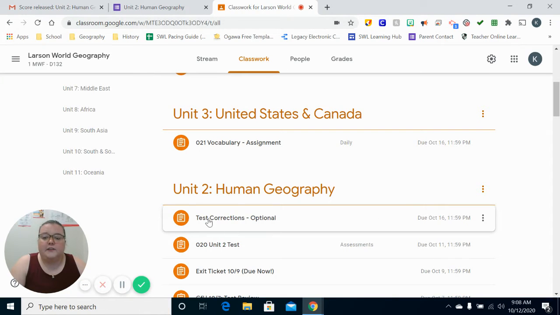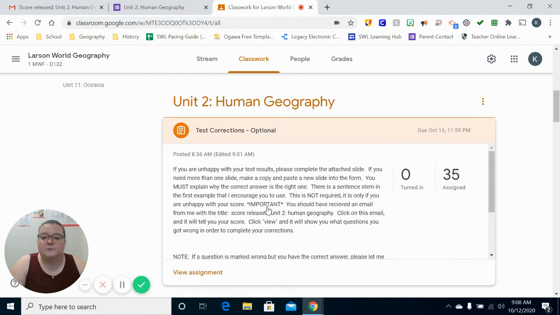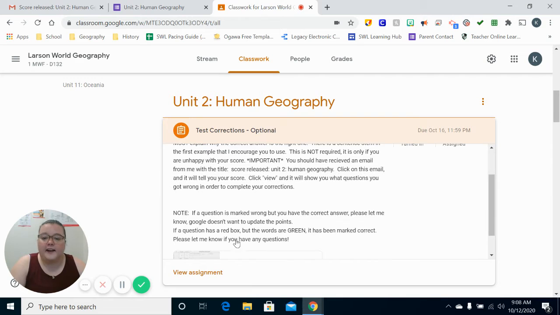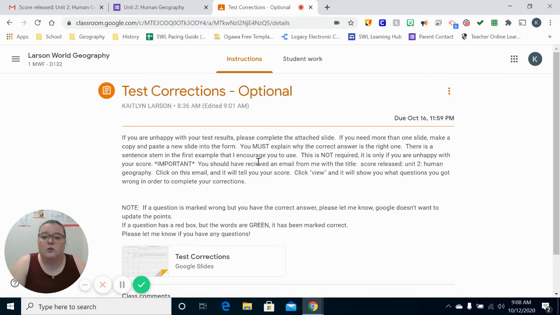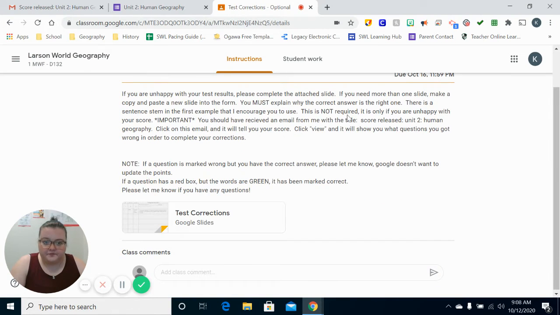So what you're going to do is hit test corrections optional. And again, this is only if you are unhappy with your score. If you got a great score and you're happy with that, you don't have to turn this in. You don't have to do anything with it. If you need more than one slide, make a copy and paste the new slide into the form.